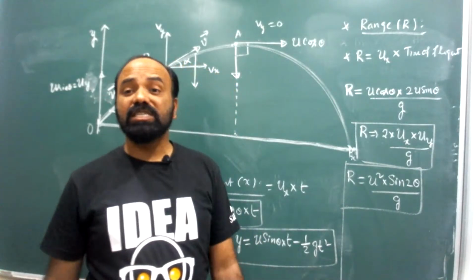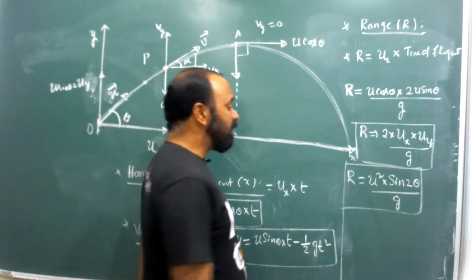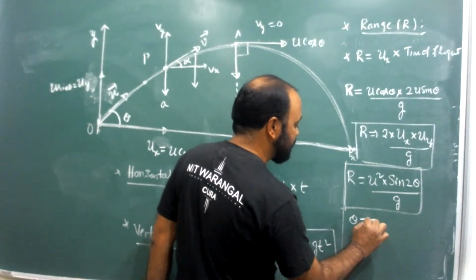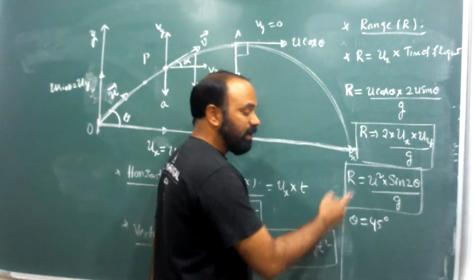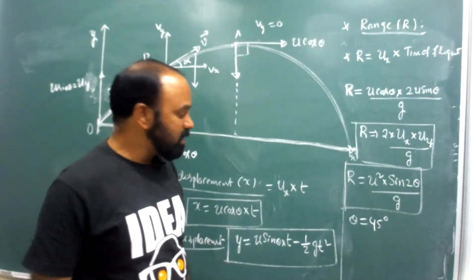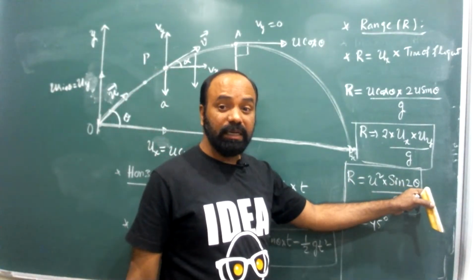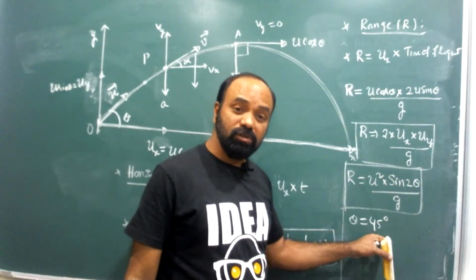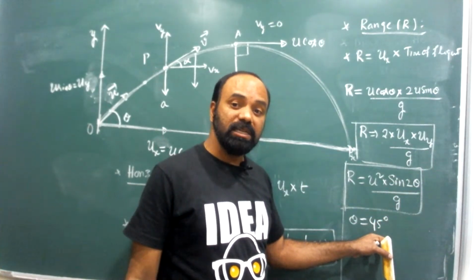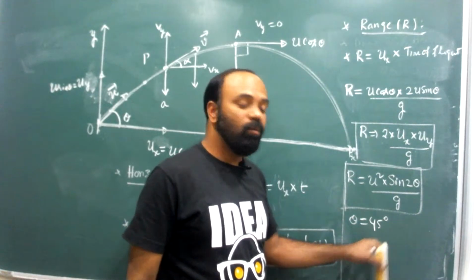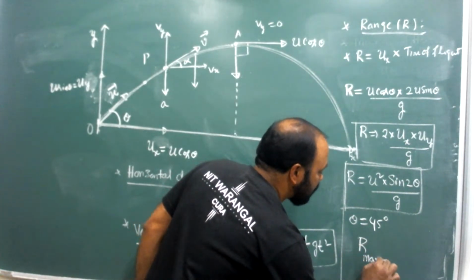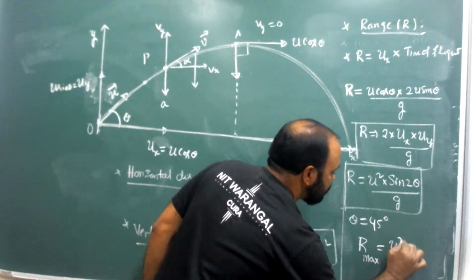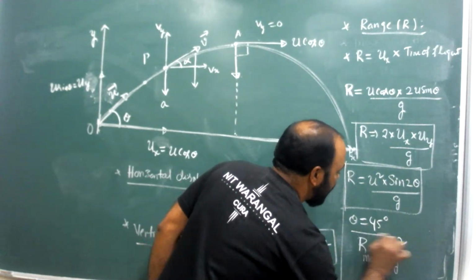When is the range maximum? If theta equals 45 degrees, what happens? Sin 2 theta: theta is 45, so 2 theta is 90 degrees. Sin 90 is 1, so the range is maximum. R maximum equals u square by g.